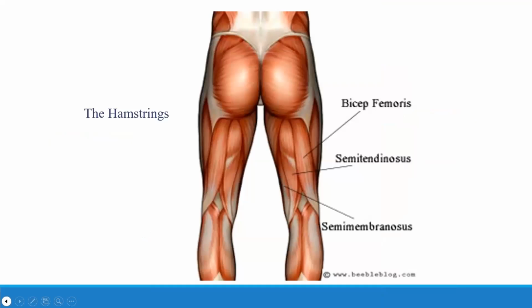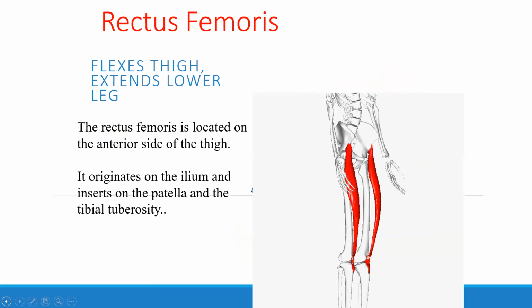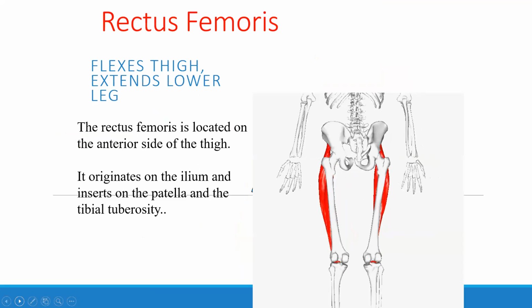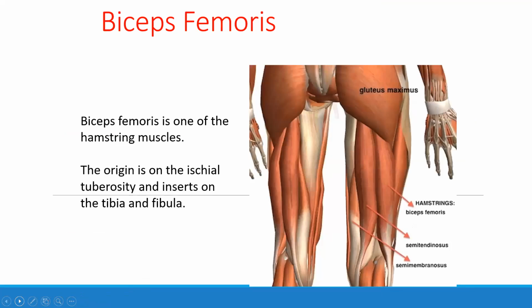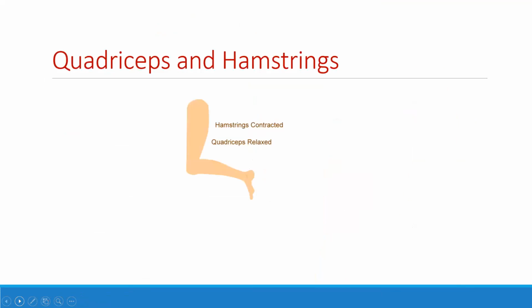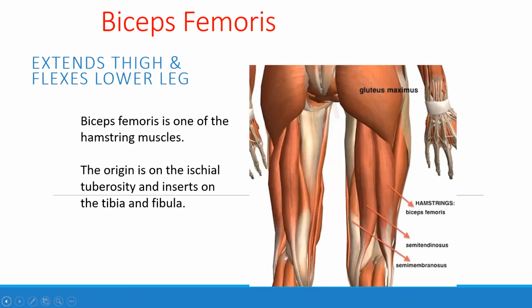Remember back here. Let's go back to the quads real quick. Here. Flex the thigh and extend the lower leg. We go back here, we see, oops, extend the thigh and flex the lower leg instead of the opposite.